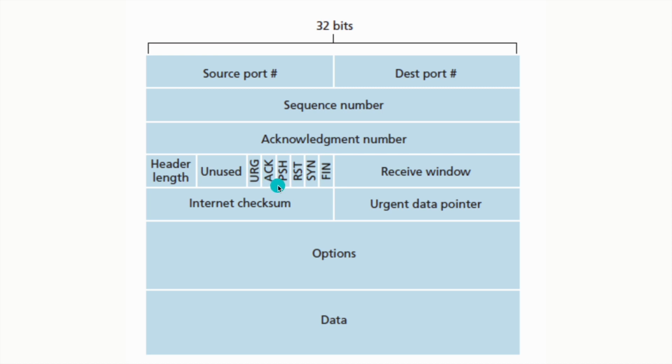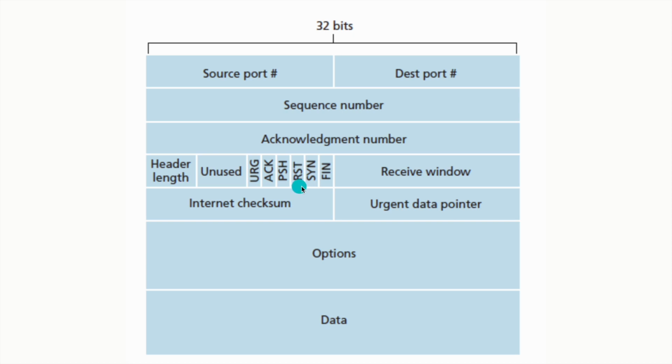The next one is the push. This flag is used to request immediate delivery of the data to the receiving application without waiting for more data to be collected. Next one is the RST, which means reset, used to reset the connection. It is typically sent when a connection is no longer valid or has become corrupted.